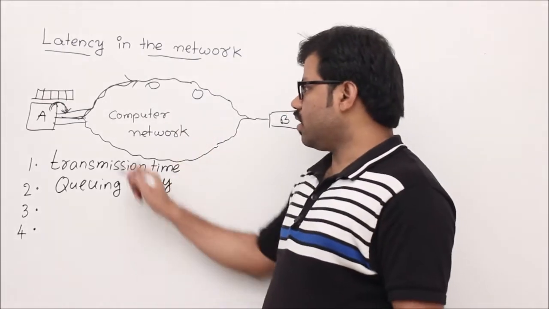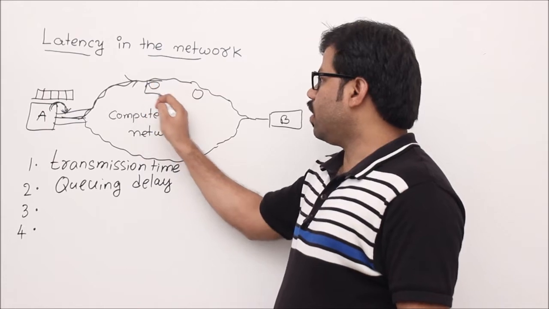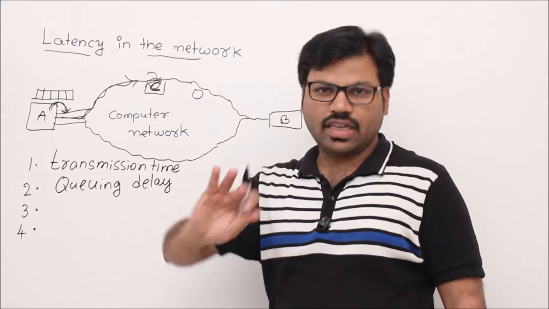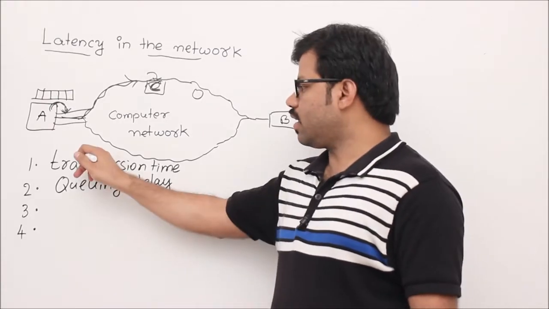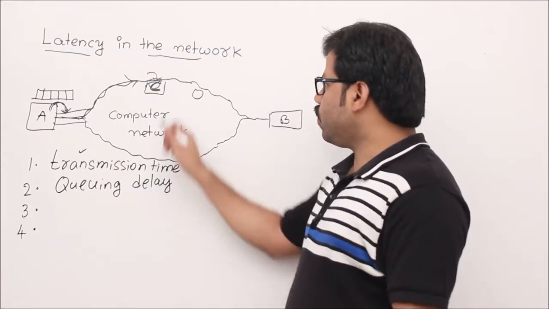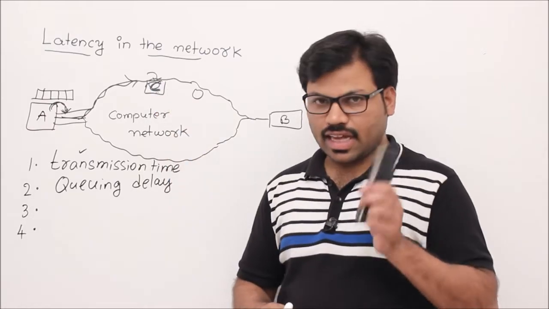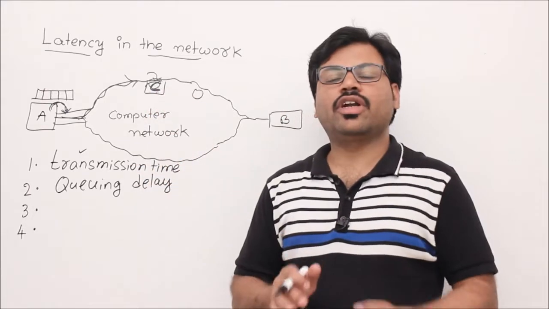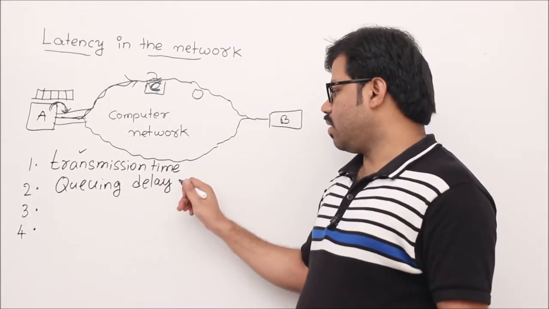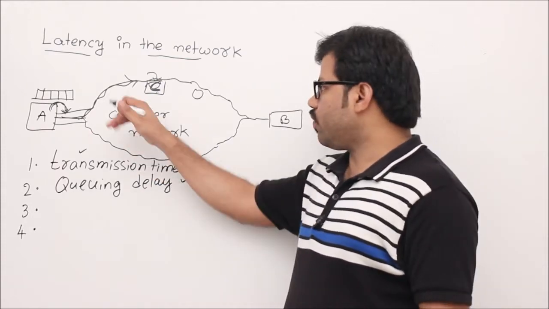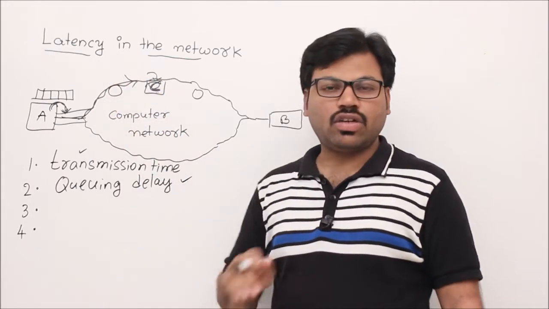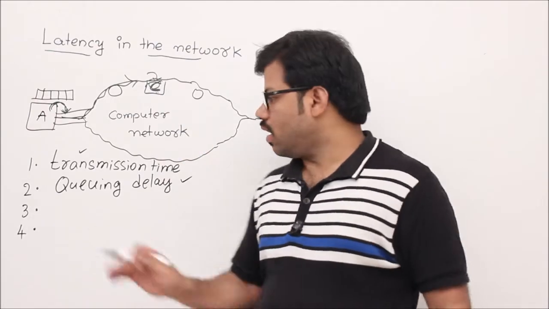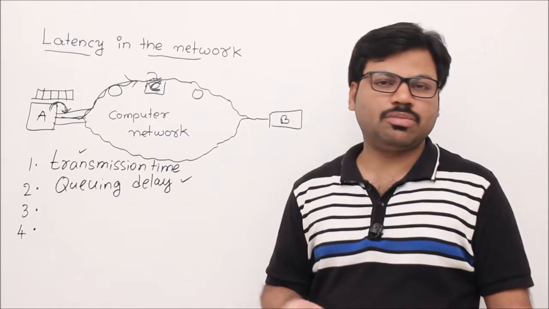Let's say that message goes through computer C, which will take it, process it, and retransmit it, so again there is a transmission time, correct? And sometimes if this computer is busy, your message has to wait in the buffer of that computer. That is nothing but queuing the packet, and queuing takes some delay. Usually when your network has a lot of routers, the routers forward your packet to the destination, causing a lot of queuing delay and a lot of transmission times.